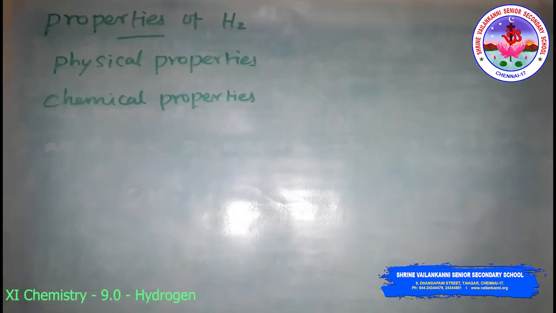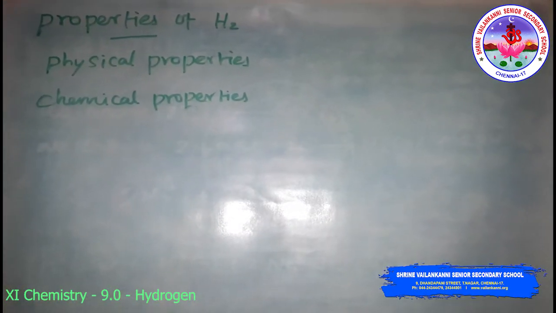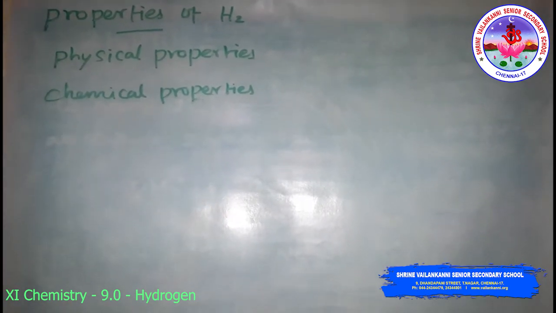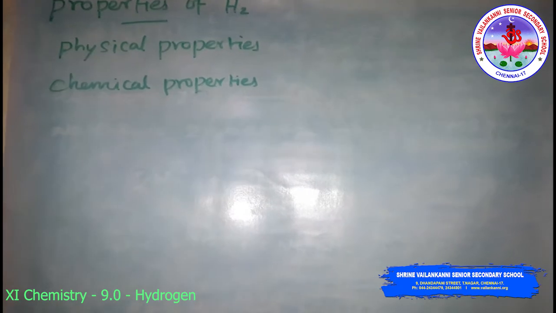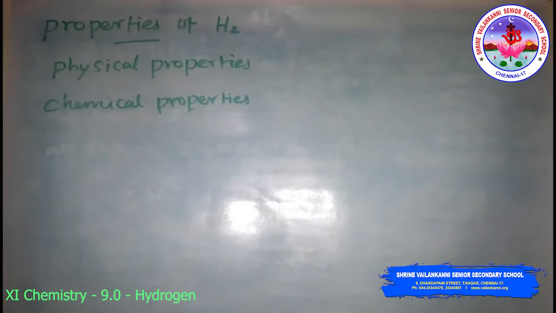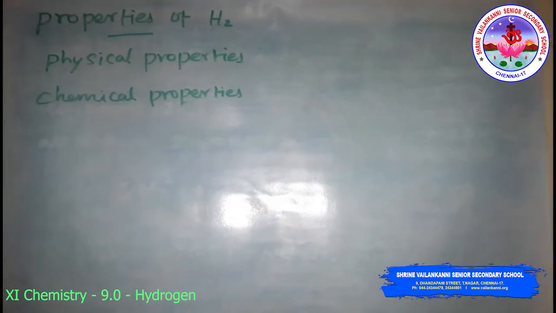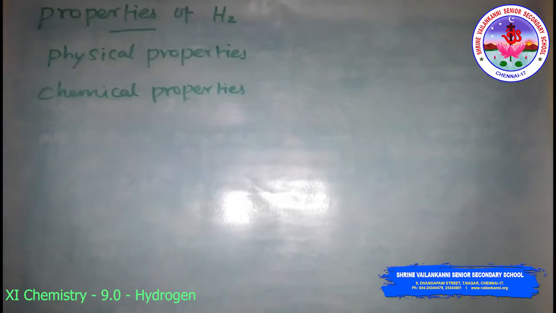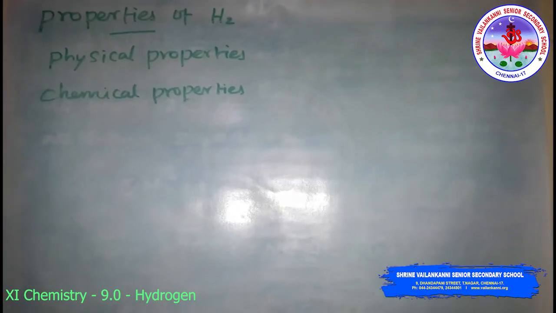Properties of hydrogen are divided into two categories, physical properties and chemical properties. The physical properties: dihydrogen is a colorless, odorless, tasteless, combustible gas. It is lighter than air and insoluble in water.